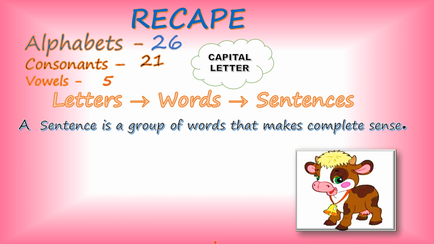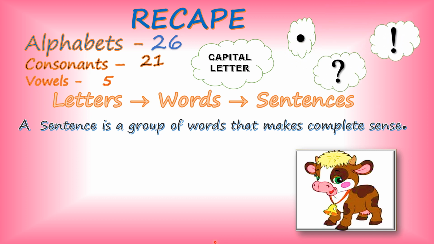And the last one, a sentence always ends with the correct punctuation mark, that is full stop or question mark or exclamation mark. And we use these different sentences for expressing our different emotions and feelings.